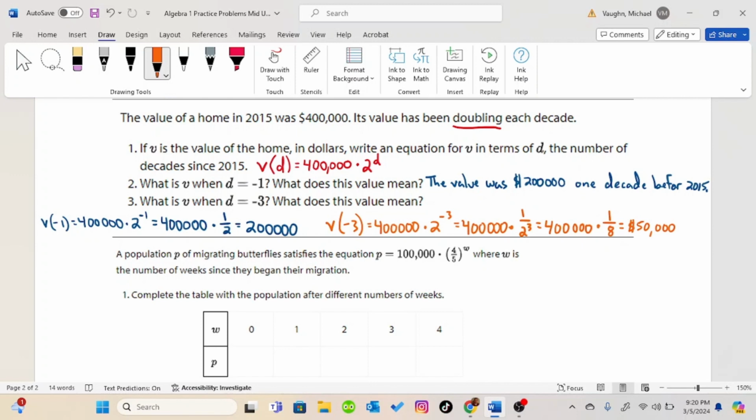So what does this value mean? The value was $50,000 3 decades before 2015.